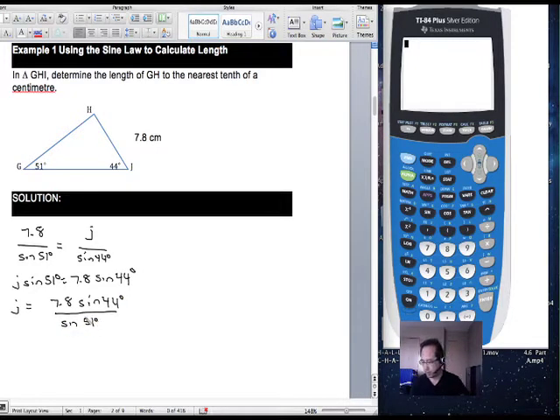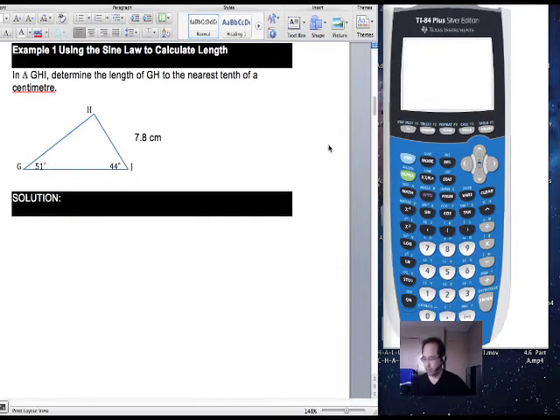Pop that into our calculator, and j is going to end up being something like 6.97. So we could say that j, or GH, is equal to about 7.0 centimeters. Okay, pretty simple. You guys are probably pretty good at this one from the ambiguous case yesterday. Let's go to the check.